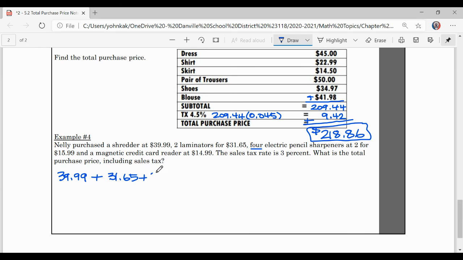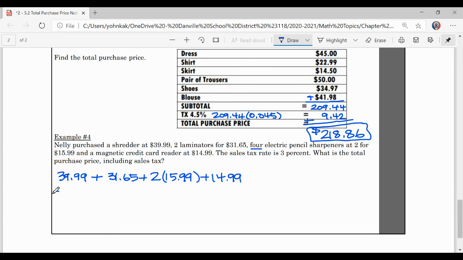So I need to buy 2 groups of 2. So 2 times $15.99. This is where it gets tricky if you don't read all the words carefully. And a magnetic credit card reader at $14.99. Ooh, what is Nellie doing? Seems a bit sus. Sales tax rate is 3%. What is the total purchase price, including sales tax?